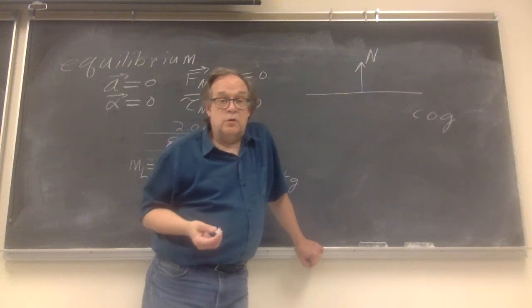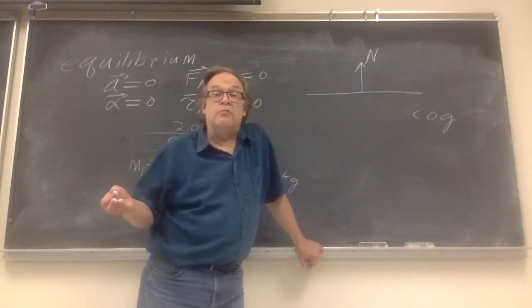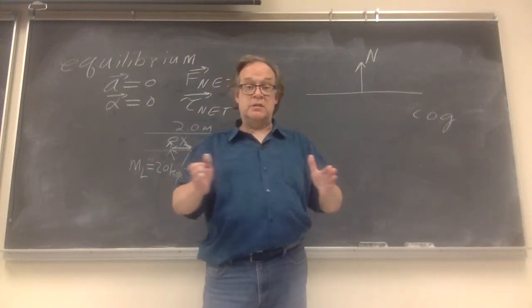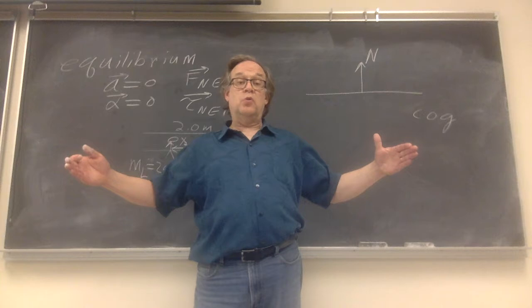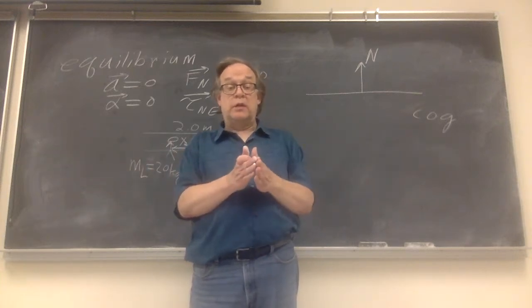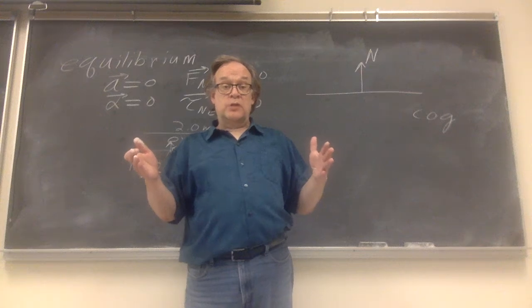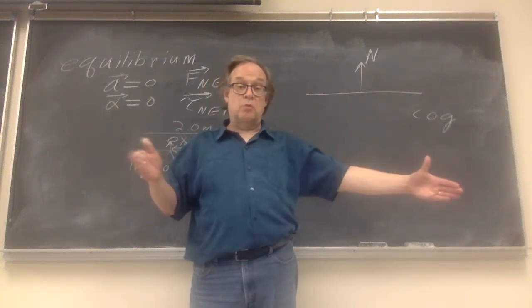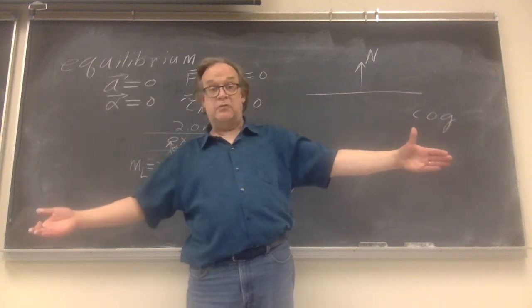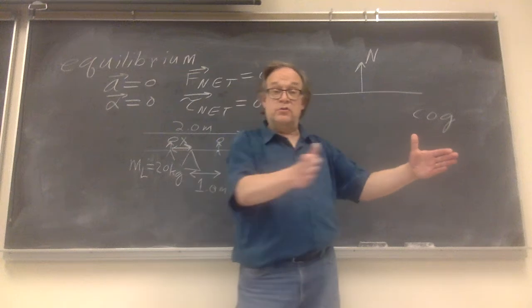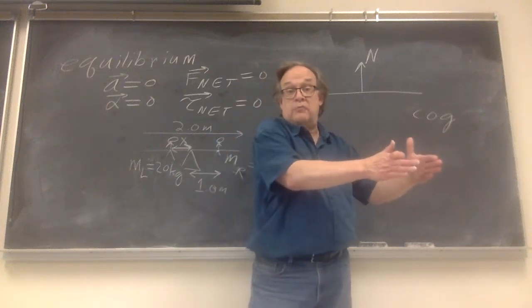You can think of center of gravity as the average location of mass. If the mass of the seesaw is evenly distributed throughout the whole 2 meters, then the average location of mass would be right in the middle. If for some reason the right half of the seesaw had more mass and the left half had less mass, then the average location of mass would be somewhere on the right half.